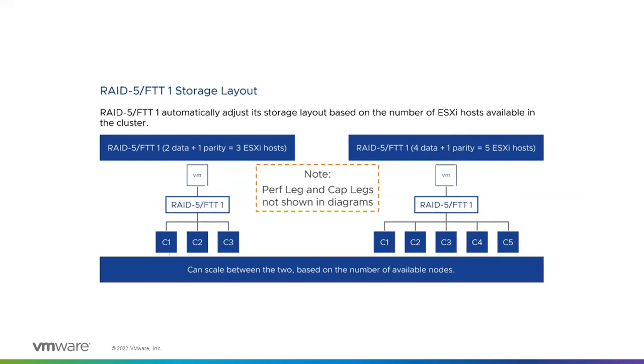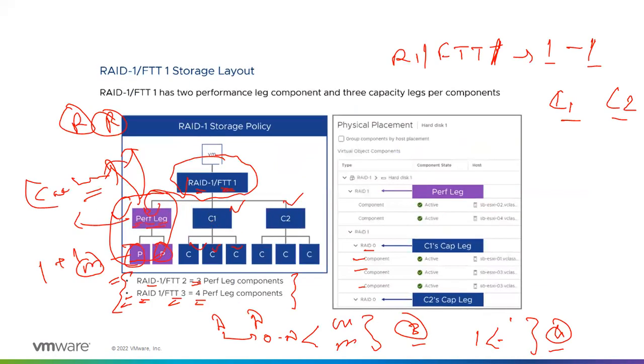Okay. So see, on the top, the policy is almost the same, but the only difference is the underlying data I am writing here. Till now, this C1, C2 is definitely my RAID 1 FTT1 policy, right? What does RAID 1 FTT1 say? One original data plus one mirror copy, correct?